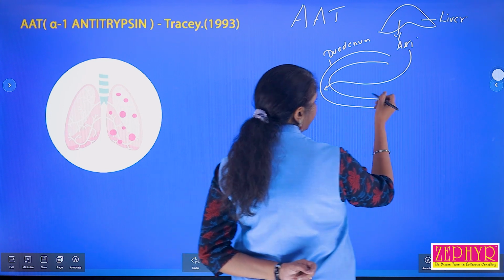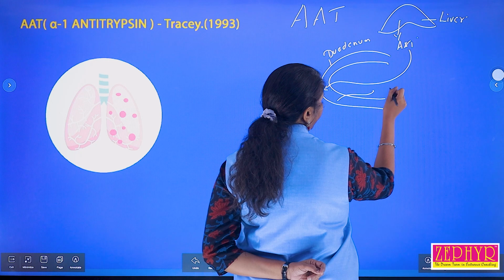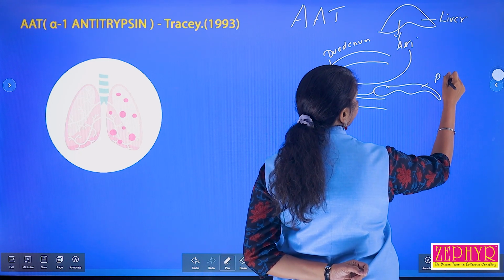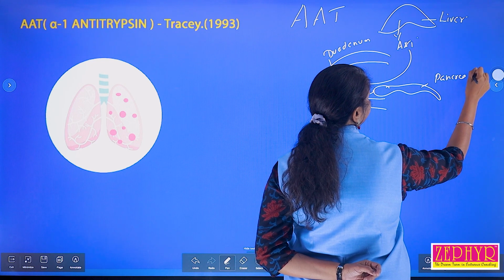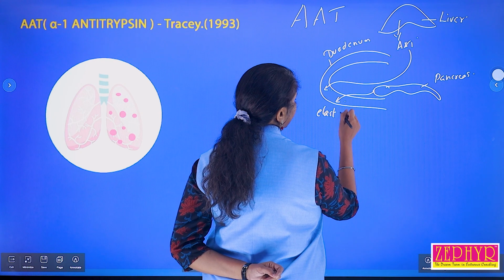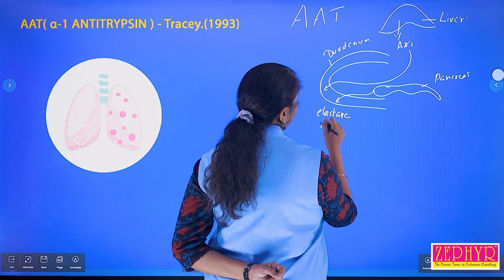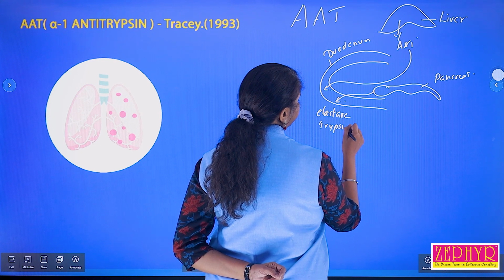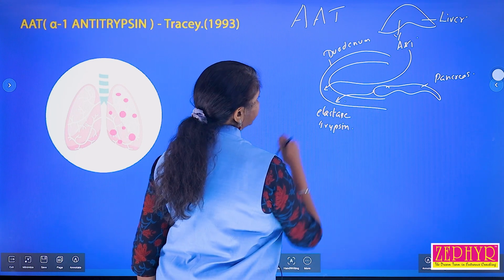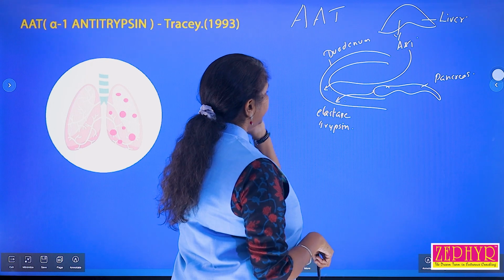Inside the duodenum, like I said, there will be the secretions from the pancreas too. So let's pick up the pancreas. So this is my pancreas. Clear? And this pancreas will be giving the enzyme called elastase, and also the enzyme called trypsin. So these are the two enzymes that the pancreas gives, and AAT is coming into the duodenum also.